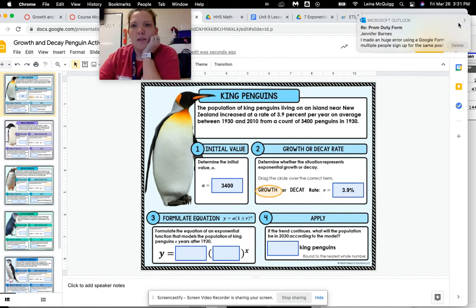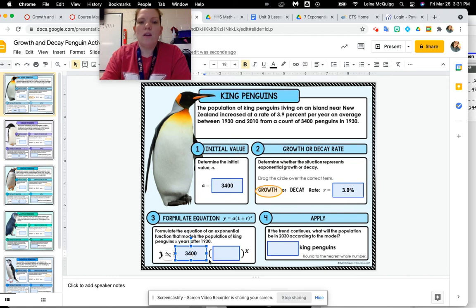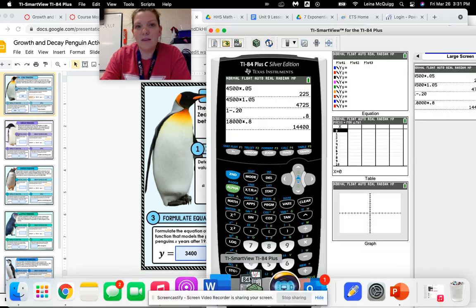So now we want to formulate the equation. So our initial value is that 3,400. So we have 3,400. And our rate increase is going to be 1 plus the percent. So I have to move this decimal over 1, 2, so that'd be 0.039. And we're going to add 1 to that. So if I add 1 to 0.039, let me tap that in my calculator so you guys can see.